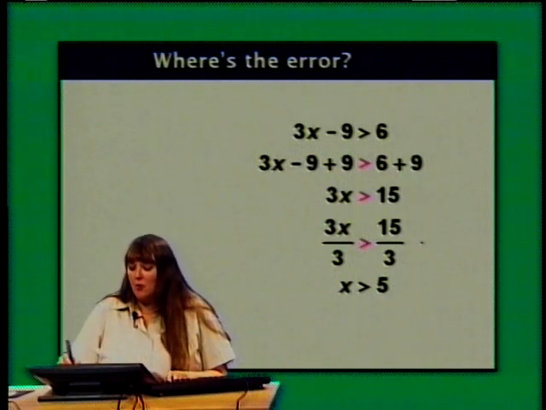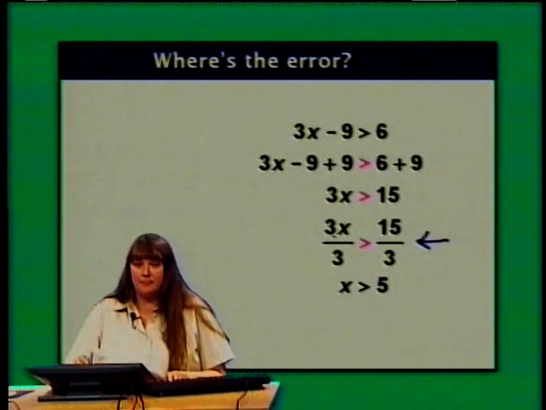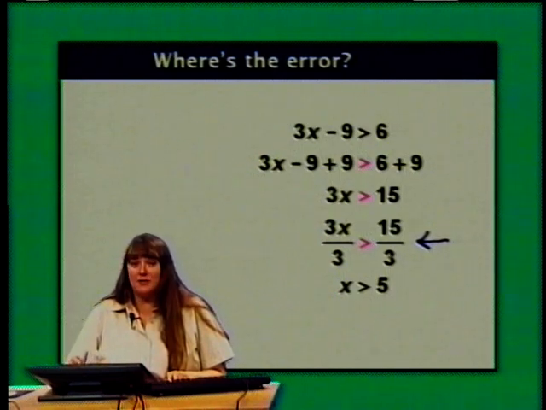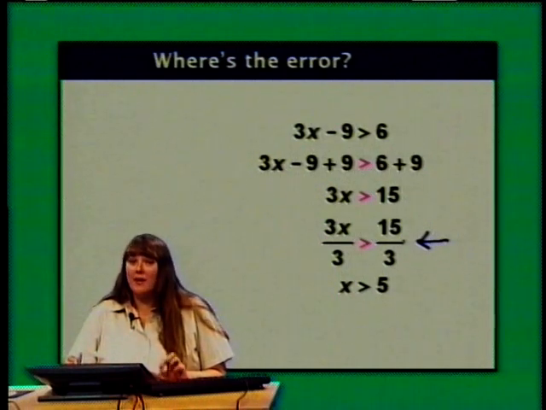The thing that you want to note, though, is if instead of isolating 3x on the right-hand side, which caused us to have to divide both sides of the inequality by positive 3, which retains the sense of the inequality, if instead we had isolated the variable term 3x on the left-hand side, or excuse me, the right-hand side, then we would have had to divide both sides of the inequality by a negative number, which reverses the sense of the inequality.